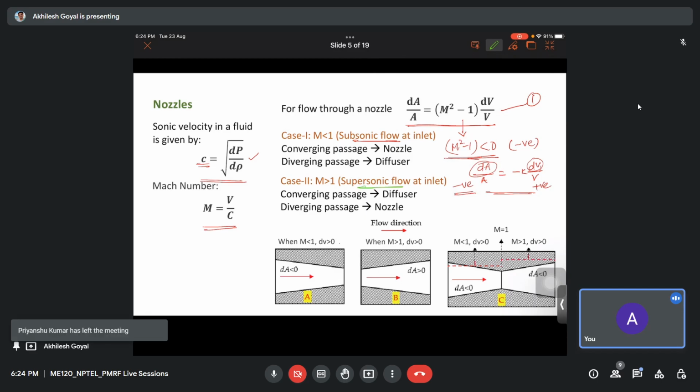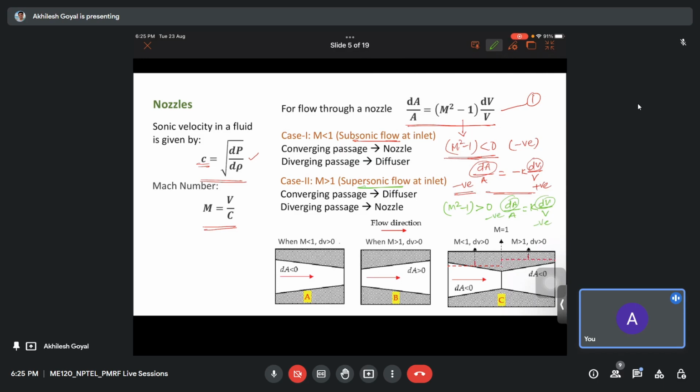Now for supersonic flow, this value of M square minus 1 is greater than 0, that means dA by A is equal to some value k dV by V. Now if we consider a converging passage, the area of the passage is continuously decreasing, means dA is negative. So for a negative value of dA, the value of dV should also be negative.